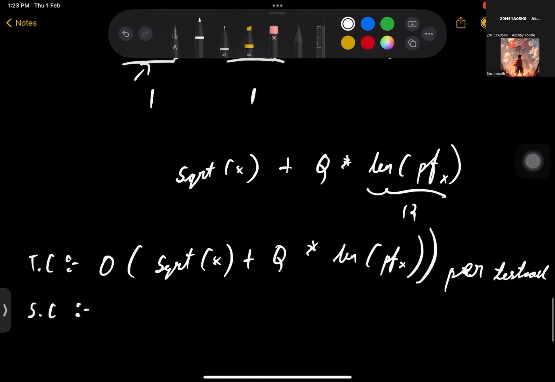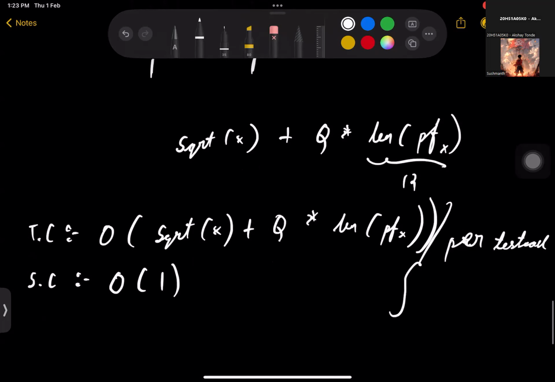And if you see the space complexity, we can say the space is constant only. It's big O of 1, as prime factors won't be too many, at max 12. Basically, we don't have to store anything for every query, we compute and keep processing.